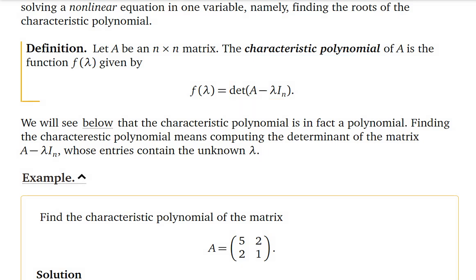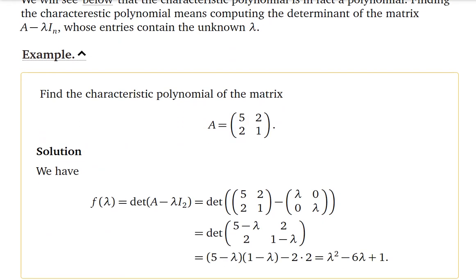You can see a quick example of that right below here in the 2 by 2 case. Notice what's really important, and you'll get used to this: A minus lambda I just adds a minus lambda to the main diagonal entries. So I have a 5 minus lambda. The only non-zero entries in the identity matrix I_n are along the main diagonal.